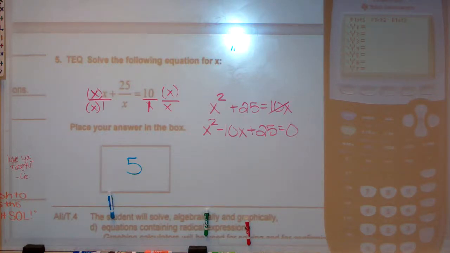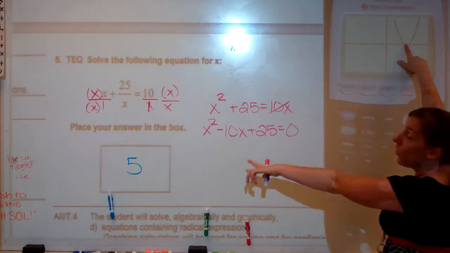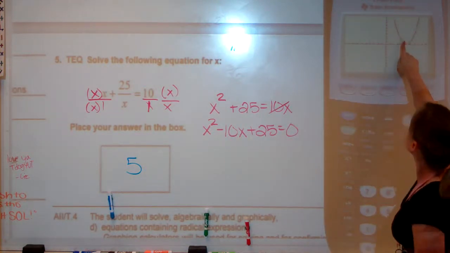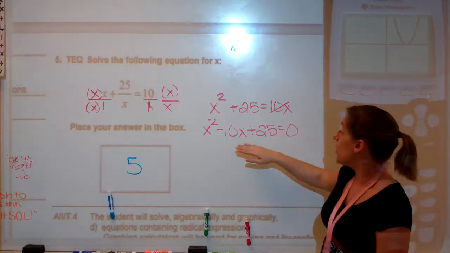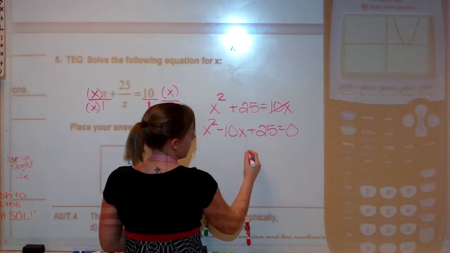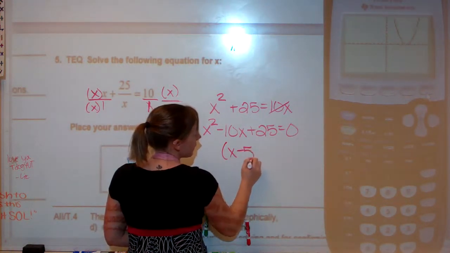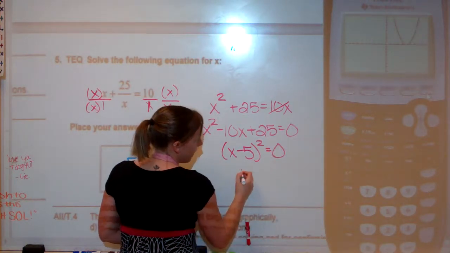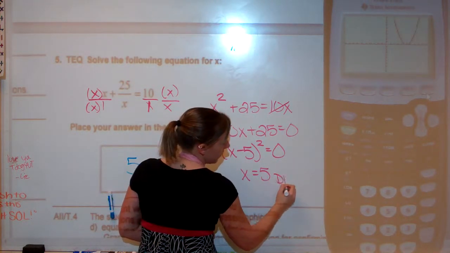So, what was it? x squared minus 10x plus 25. If you look here, it only crosses one time. That's why there's only one answer, no matter how we did it, and that is at 5. So the factor is this, but the solution is this, and it's a double root.